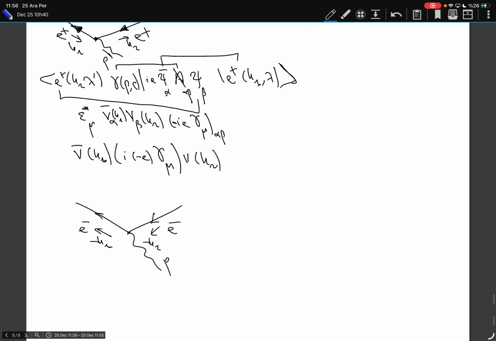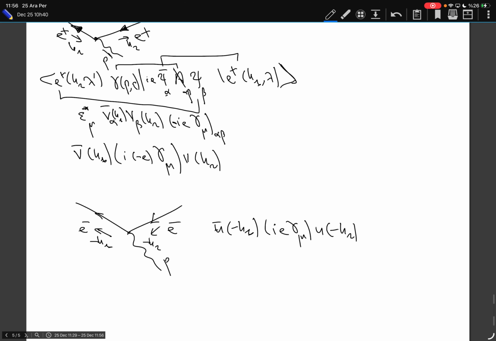Well, the difference, in this case, my contribution will be U bar of minus K1. I start from the end of the line. There's an outgoing electron with momentum minus K1. Then I have IE gamma mu, the vertex here. Then I have U of minus K2.